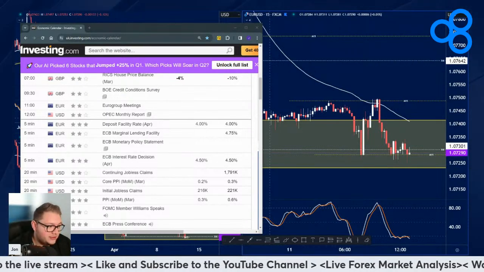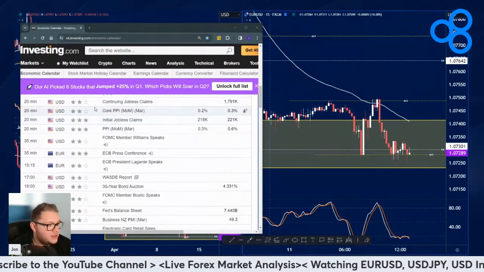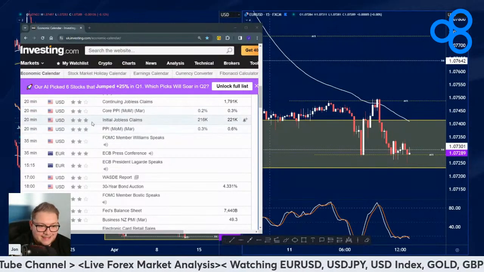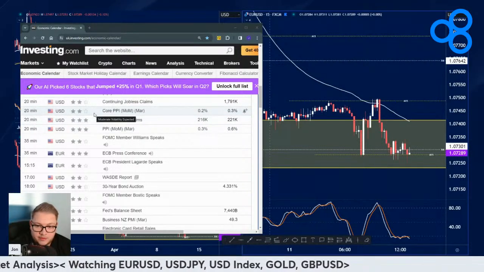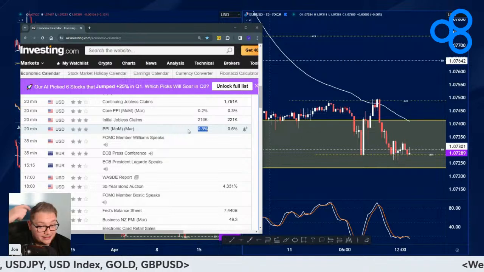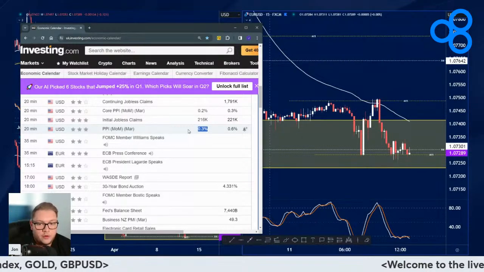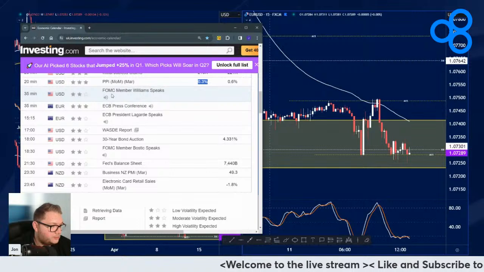We also have important data actually coming out from the US shortly after, so don't be too hasty to jump into anything yet, because we do have core PPI coming up, PPI month on month, which was actually forecast coming a little bit lower. And what I'm really interested in are the FOMC members as well.